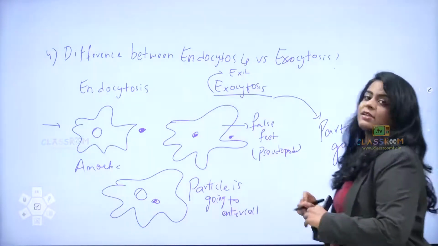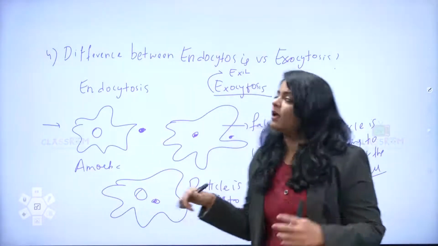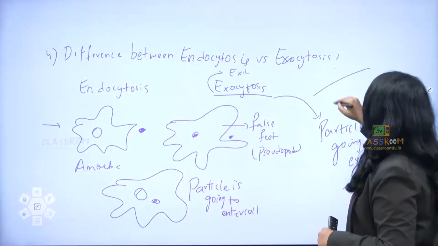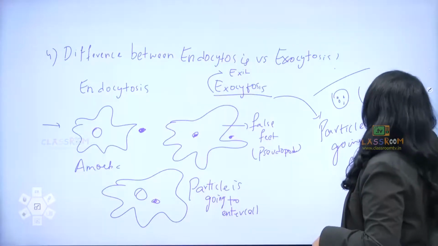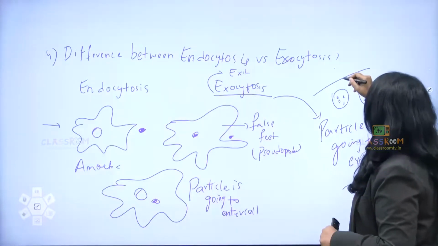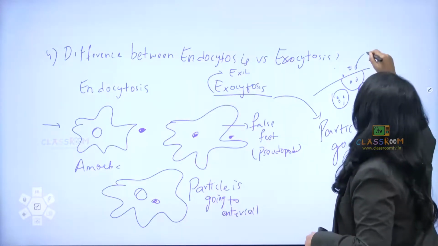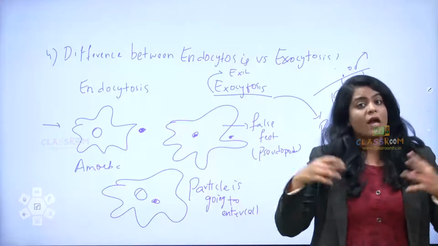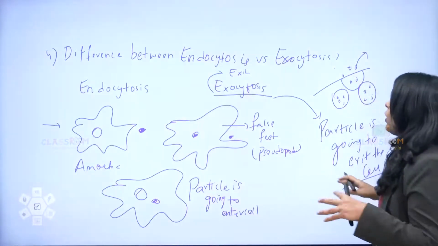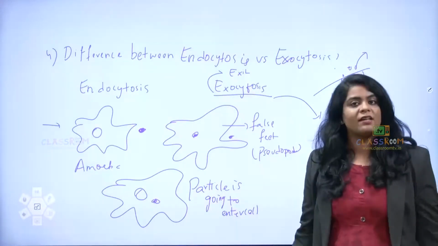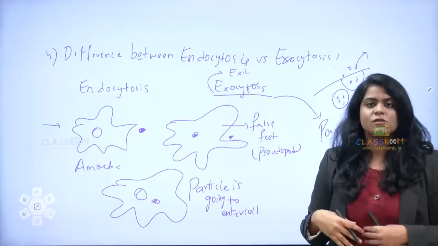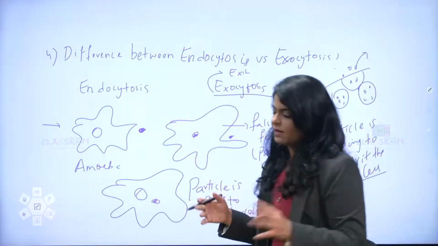So exocytosis means it's going out. I need to show you guys what is exocytosis. This is exocytosis, that is these particles are going out of the cell. So endocytosis means the particles are entering inside the cell. Exocytosis means they are going out of the cell.